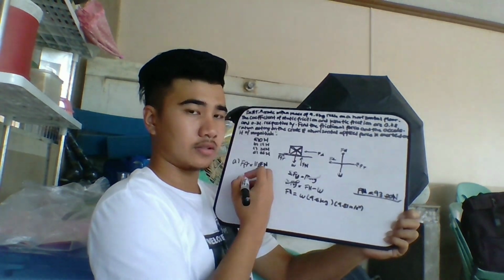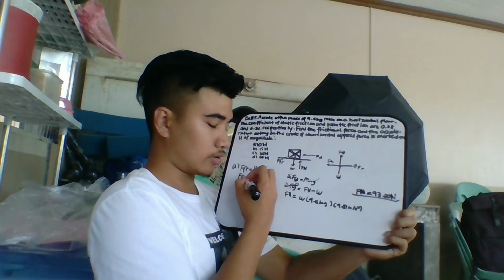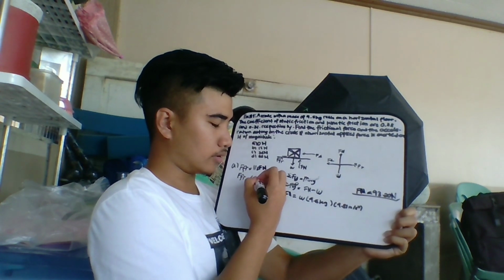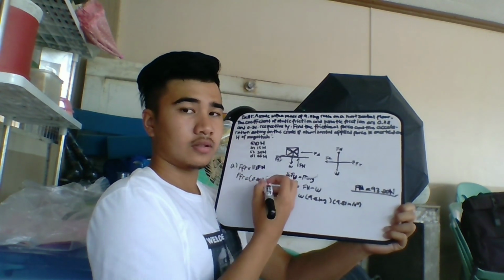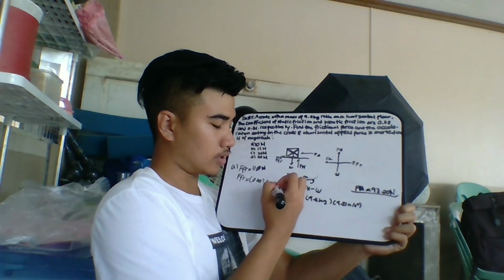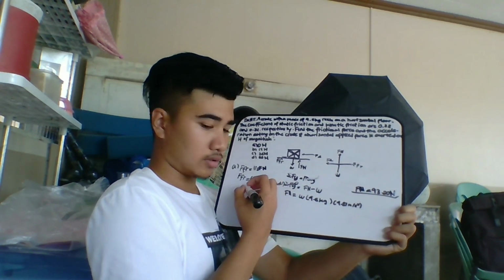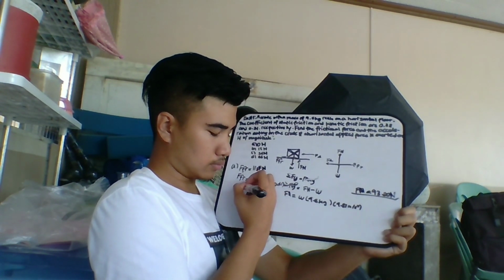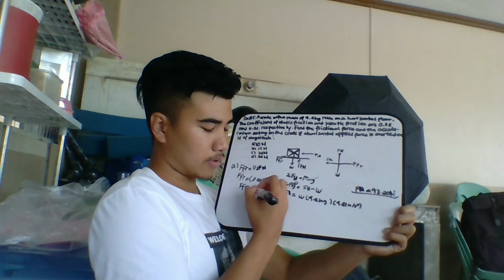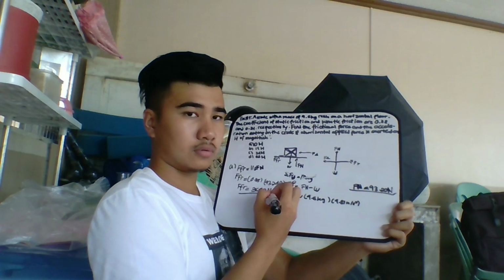So we have given static friction, coefficient of 0.38 times the normal force na 93.20 Newton. Force of friction by static is equal to 35.42 Newton.